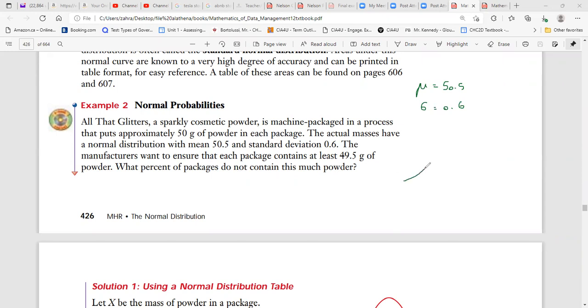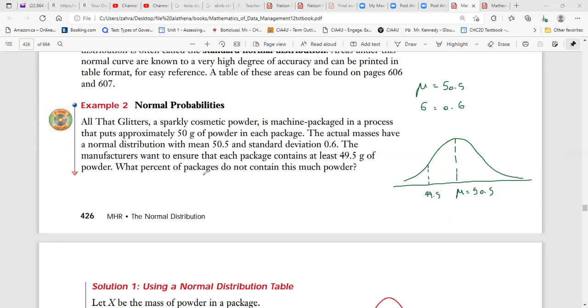So looking at the normal distribution, this is your normal distribution. In the middle, you have mu, which is 50.5 grams. We want to make sure it is going to be more than 49.5. 49.5 is on the left side, so this number is going to be here.